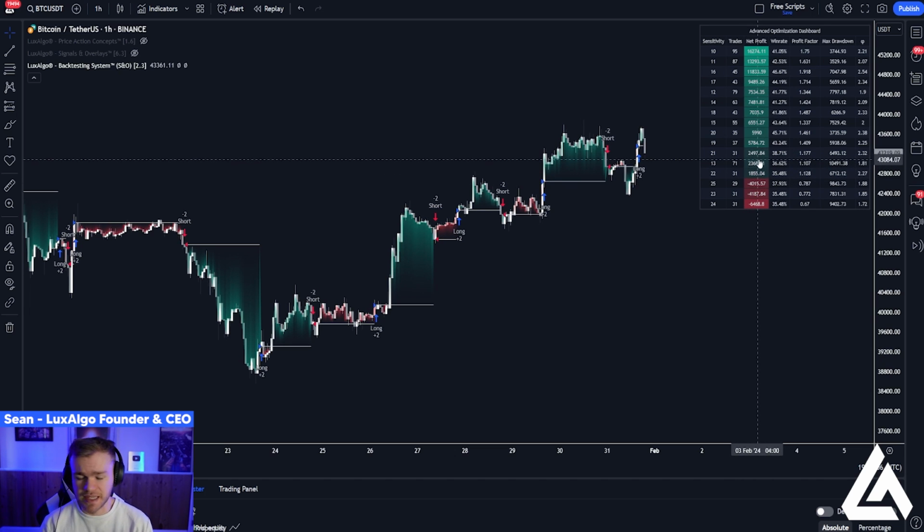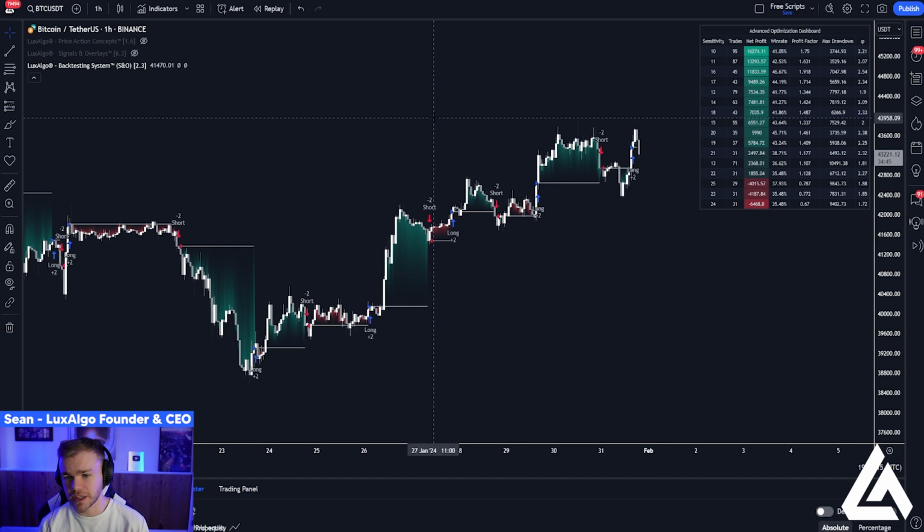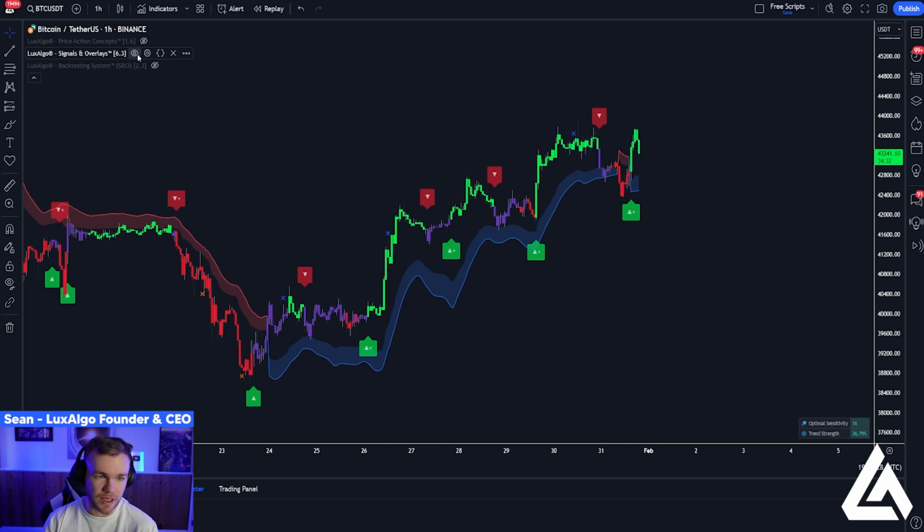Then this is exactly what they should be using: the backtesting system. So, concluding, all of the toolkits and features that we're providing here give an opportunity for absolutely any category of trader to implement exclusive LuxAlgo features into their analysis.